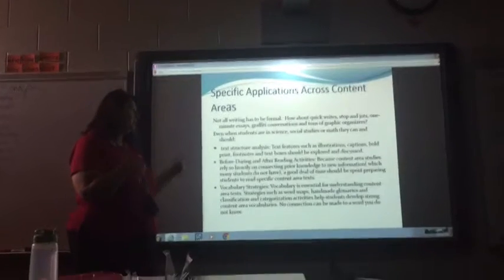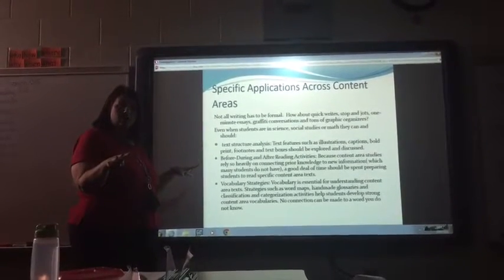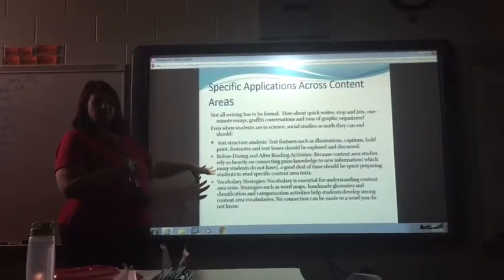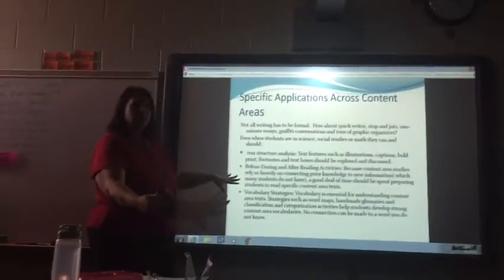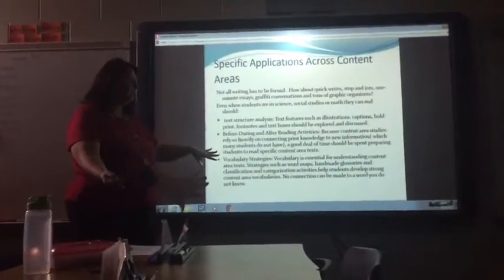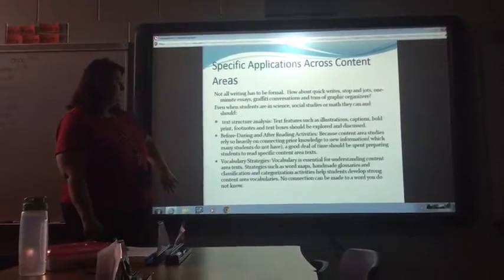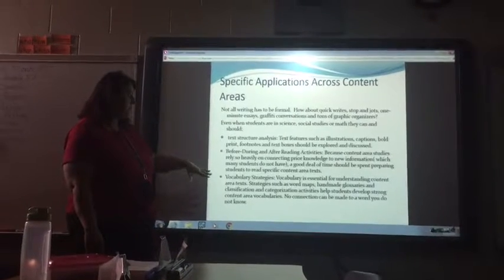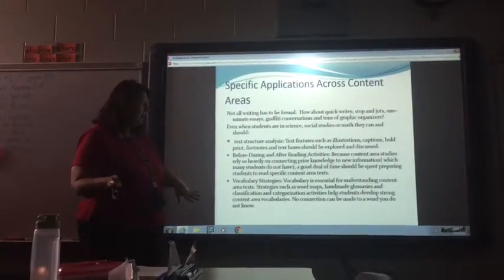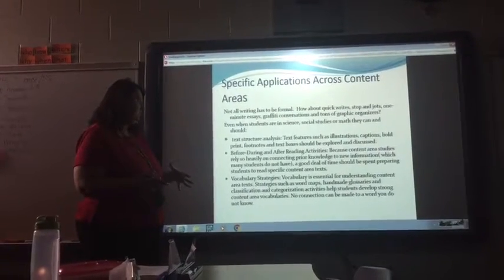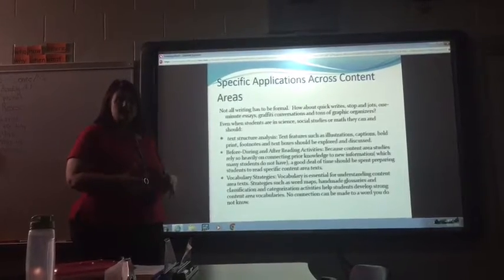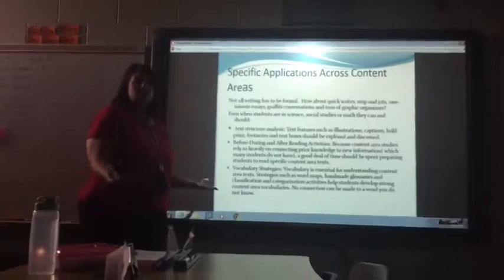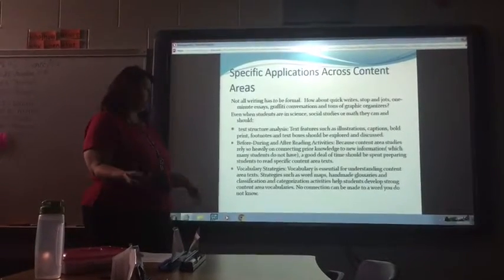All of those things help, and even if you're reading a science or social studies book, before, during, and after reading activities, before you read about the government unit or the math unit, that's going to rely heavily on connecting prior knowledge to new information, which a lot of students won't have. A good deal of time should be spent preparing students to read that specific content information, and there comes your literacy, no matter what your branch of education is.